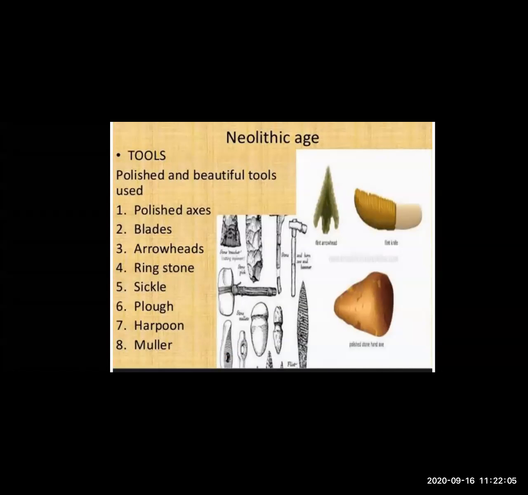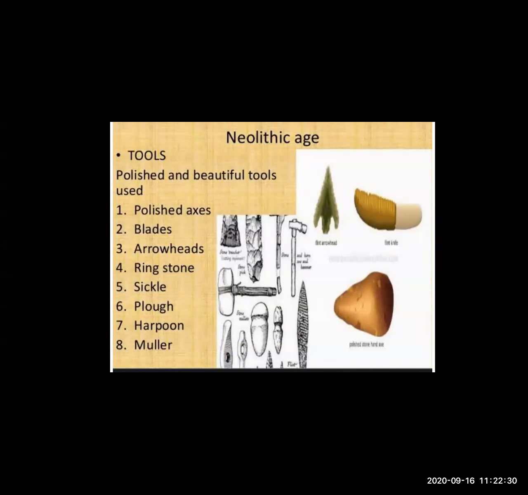The tools used in the Neolithic age were polished and beautiful. They started to learn the techniques of polishing tools so they would become shiny and bright, and they created beautiful tools with the help of bronze and copper.